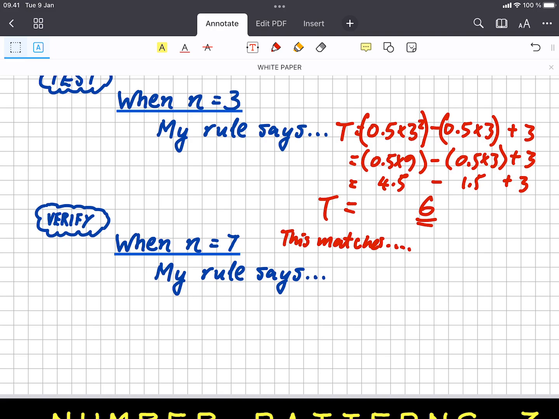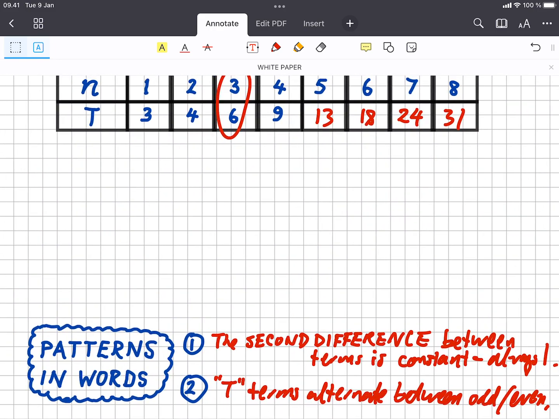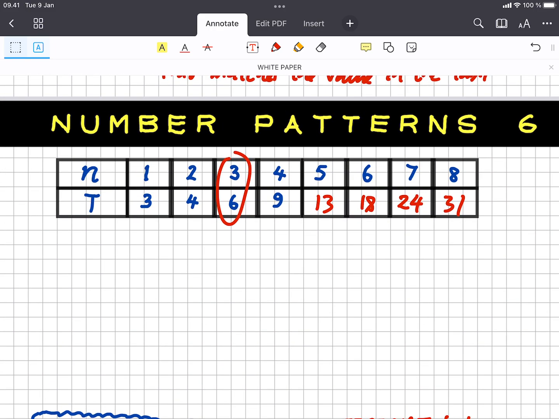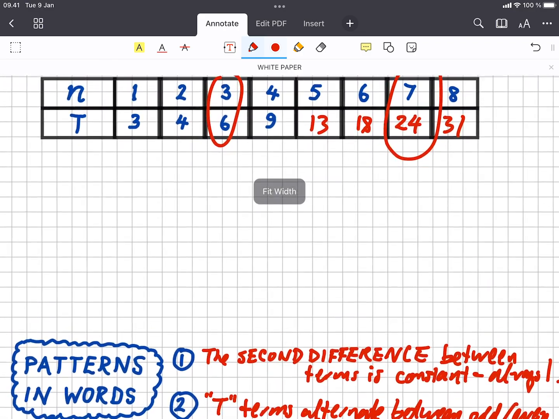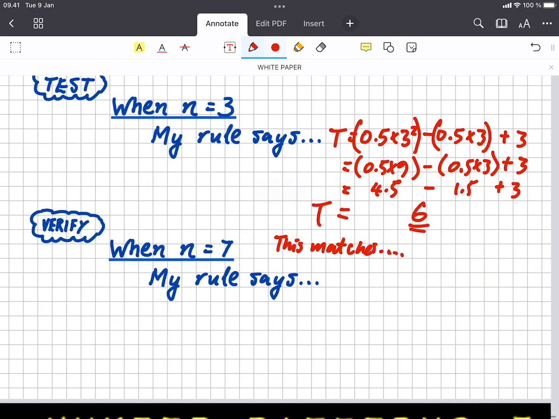And then verifying it is just doing the same thing, but for one of the values higher up in the table where you made a prediction as to what the value was going to be, and to check that your prediction agrees with the rule.